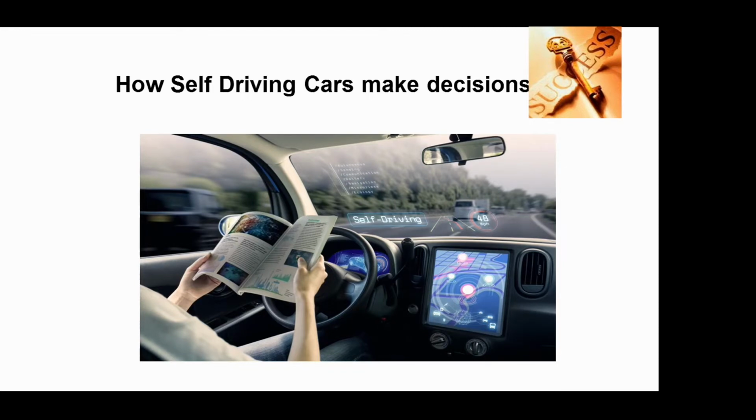So for it we have sensors. The first sensor is camera. There are various types of cameras put at every angle of this car, so that cameras are taking the pictures, cameras are capturing the scenes. These are the high definition cameras.